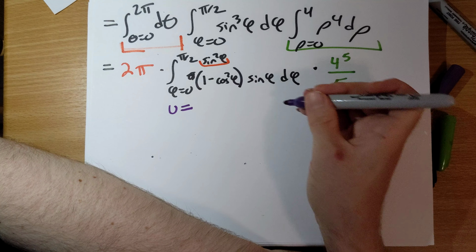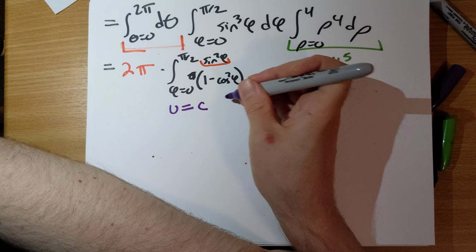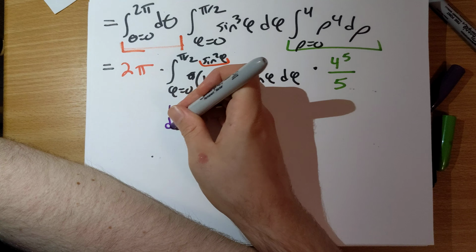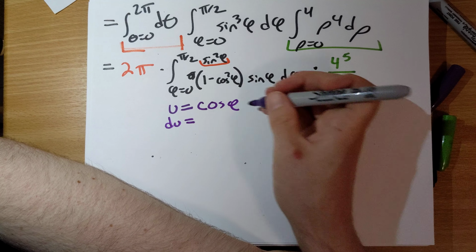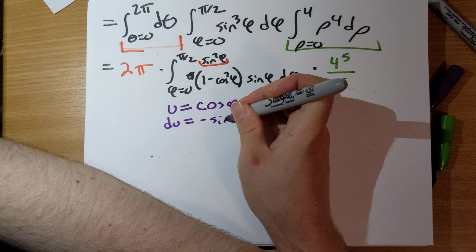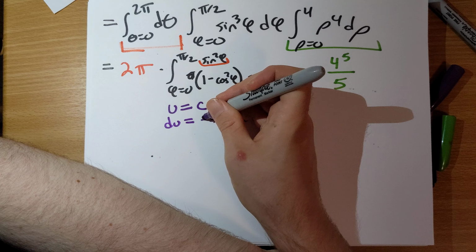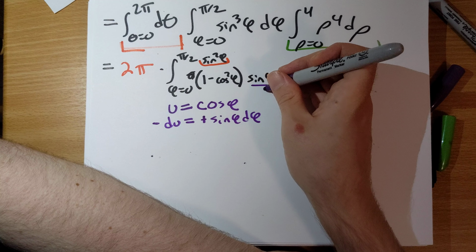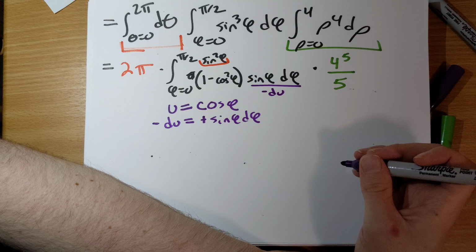u is equal to cosine phi. du is equal to negative sine phi d phi. Negative du is equal to sine phi d phi.